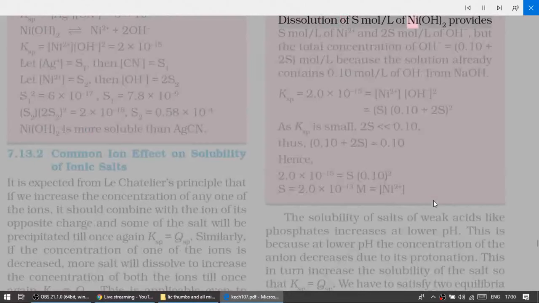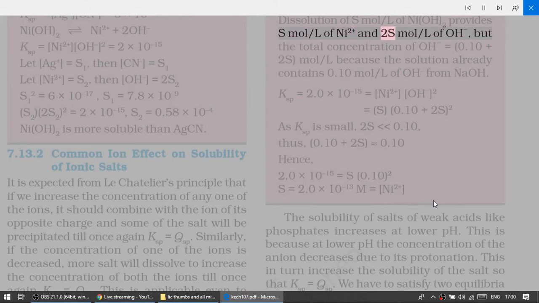Dissolution of S mol/L of Ni(OH)2 provides S mol/L of Ni^2+ and 2S mol/L of OH−, but the total concentration of OH− is equal to (0.10 + 2S) mol/L because the solution already contains 0.10 mol/L of OH− from NaOH. Ksp = 2.0 times 10^−15 = [Ni^2+][OH−]^2 = S(0.10 + 2S)^2.